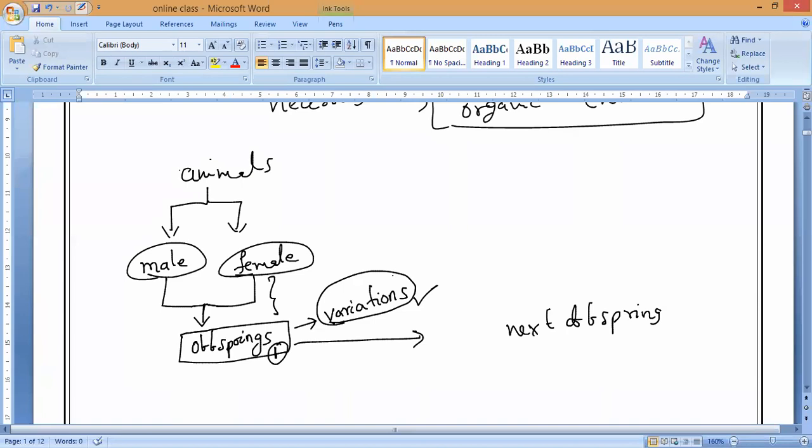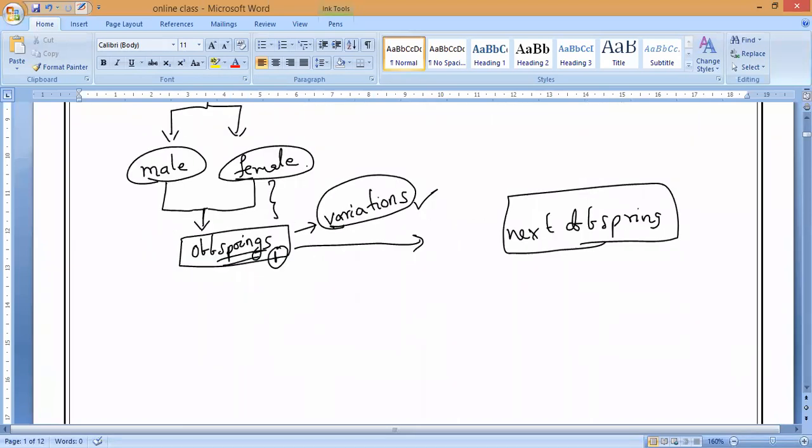Why? Because these variations need to appear in the next generations. It needs to take time, and these offsprings need to continuously be involved in the production of several generations. Then only the variations will occur. For example, one male and female involve in sexual reproduction and produce the first generation.